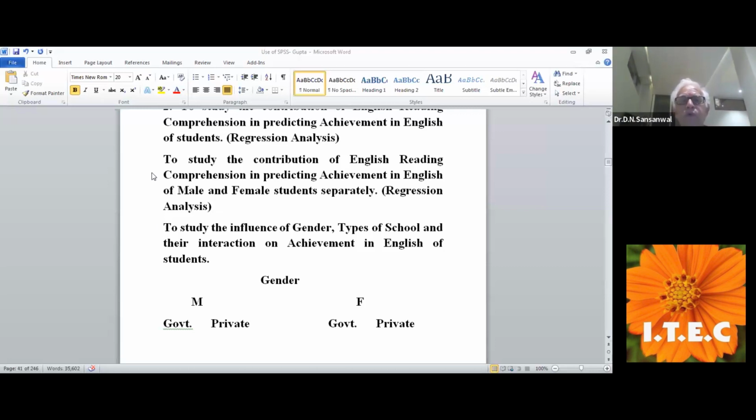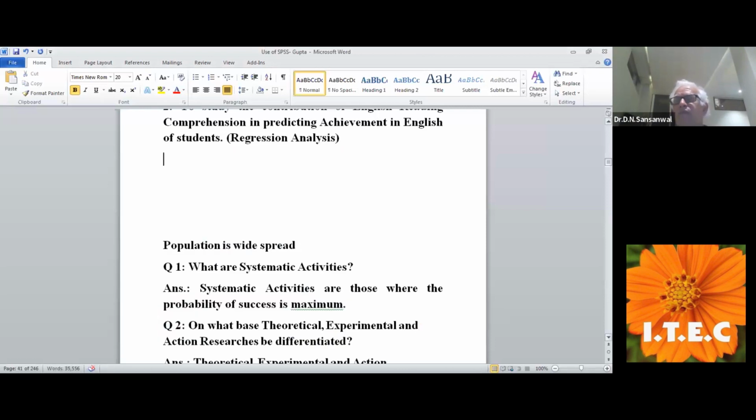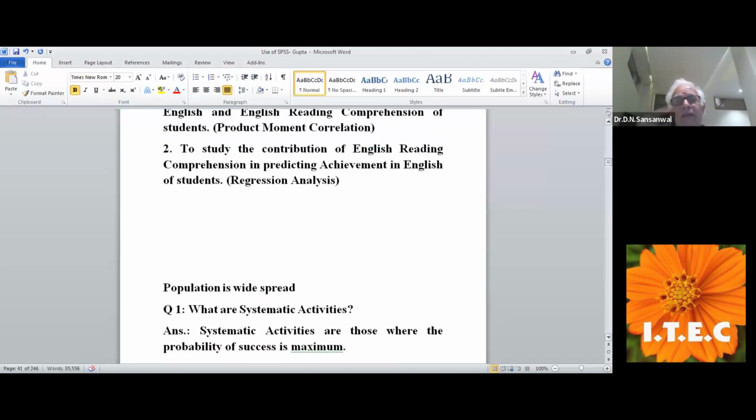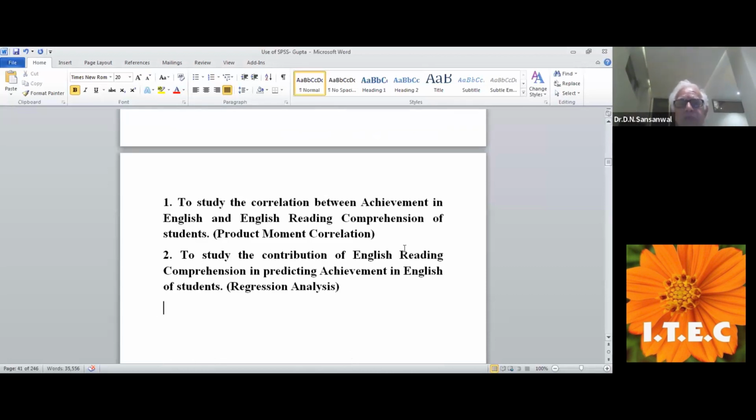So therefore, you cannot have these. If you have to use the random sampling technique, then your objective should be something like this. If you have more variables in the title, then you can write more objectives, no problem at all. So if it is this, then you will be selecting on the basis of random sampling.